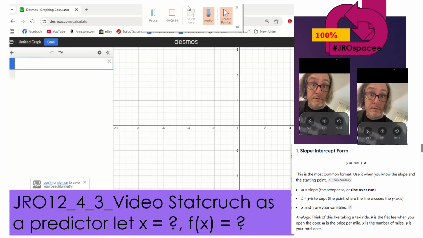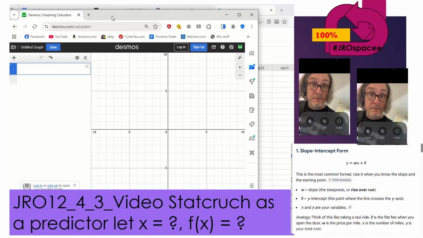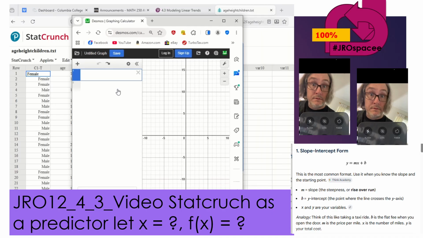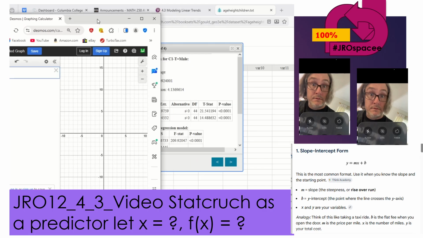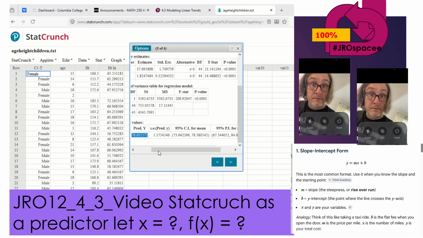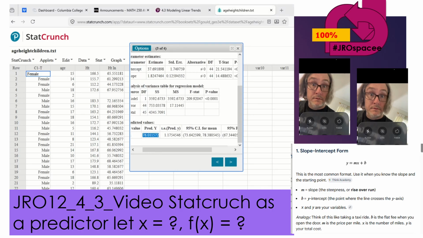Just out of curiosity, I think it's 76 inches. So what was it? I was predicting 76, so we'll go with that.